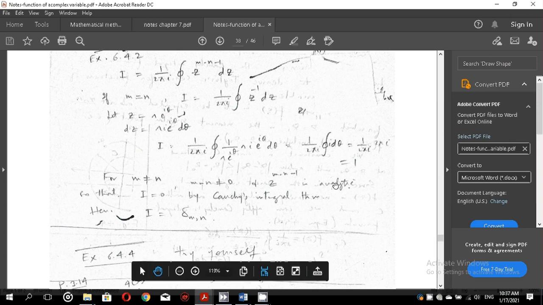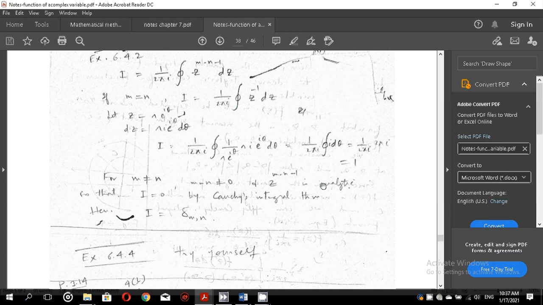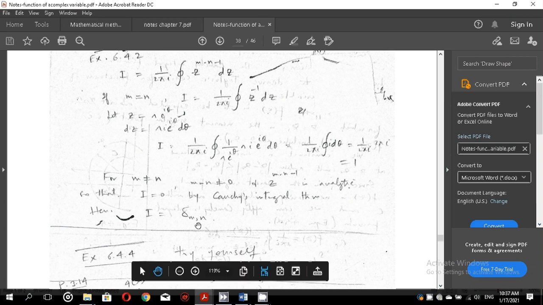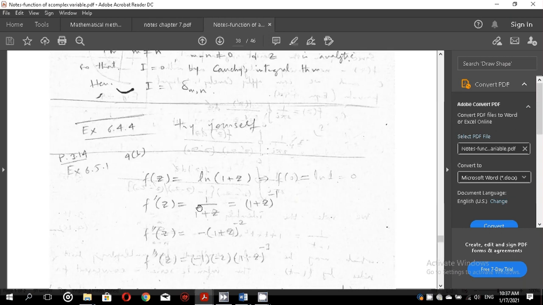So we have, using the Cauchy integral formula, proved that if m is equal to n, the value of the integral is 1, and if m is not equal to n, the value of the integral is 0, and this is the property of the Kronecker delta function.